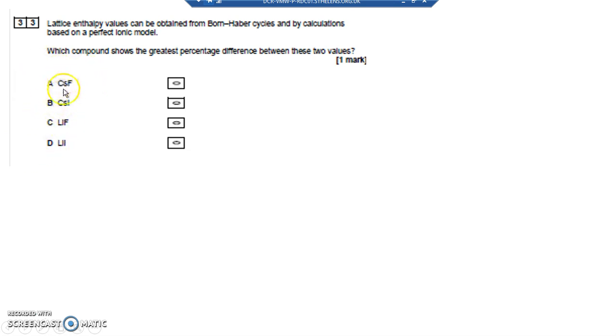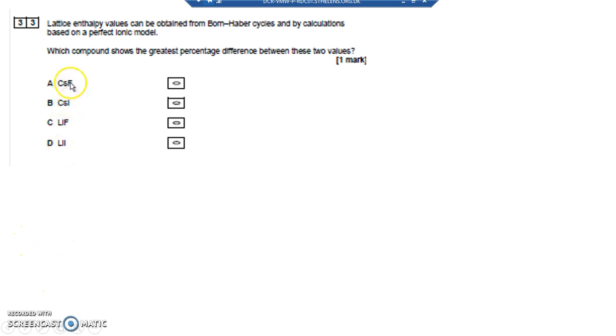Well, what about something in group 1? Something like cesium is very big, right down the bottom of group 1, very large, lots of shielding. The outer electron is far away from the nucleus and will easily form an ion. It'll have a low first ionization energy and form Cs+, losing its one electron very easily.